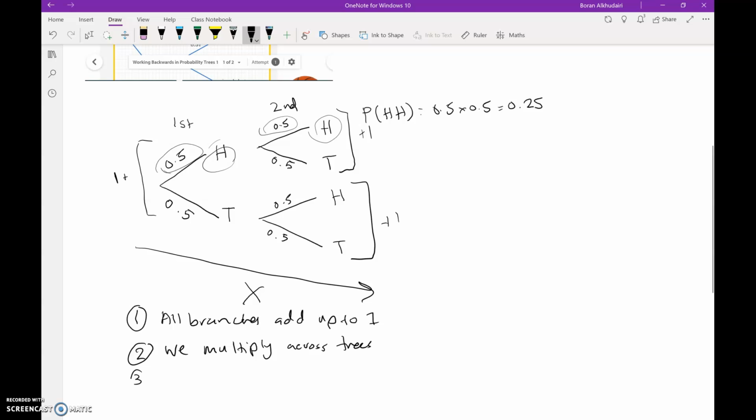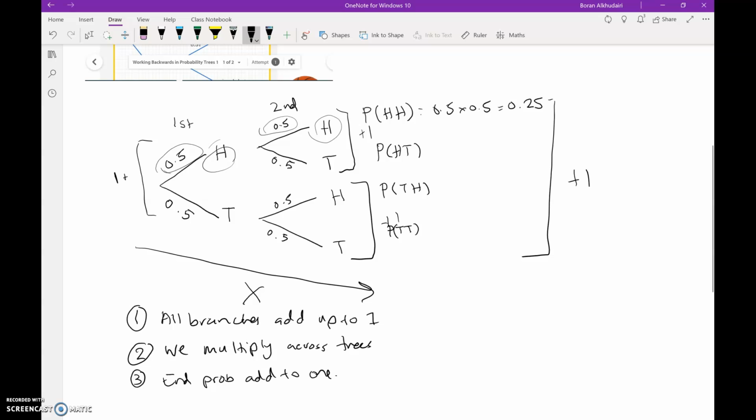And three is that all the AND probabilities, so probability of heads then tails, probability of tails then heads, probability of tails and tails, all these probabilities also add up to 1. Okay? So AND probabilities add to 1.